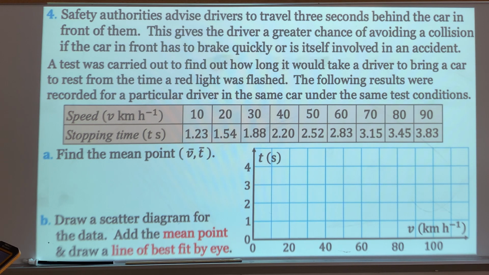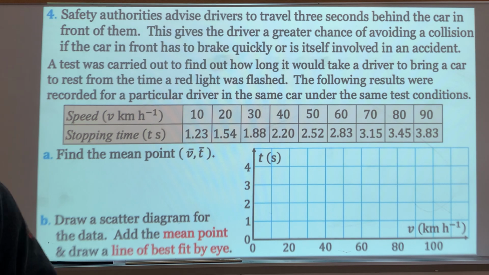10, 20, 30, 40, 50, 60, 70, 80, 90. You're going to beat me. 1.23, 1.54, 1.88, 2.2, 2.52, 2.83, 3.15, 3.45, 3.83.